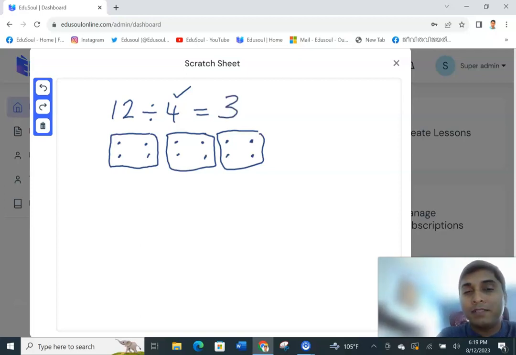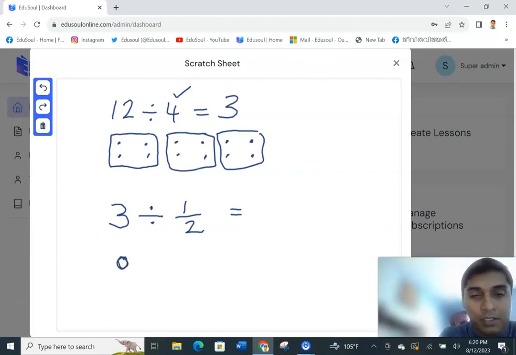Now this is the same logic you apply when you see something like 3 divided by half. The question is how many groups of halves you can make out of 3. So the same logic, because each one, see here, 1 2 3. So how many groups of half?